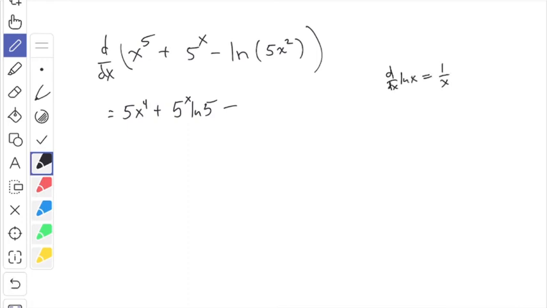So whatever's inside the log goes in the denominator. And then you have to do the chain rule. You multiply additionally by the derivative of whatever was inside. So this is going to be 1 over 5x squared times the derivative of what's on the inside, which is 10x.